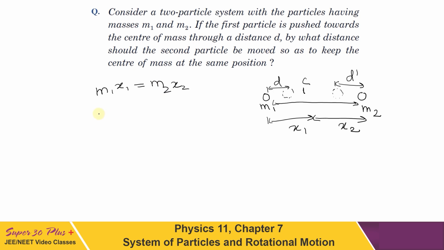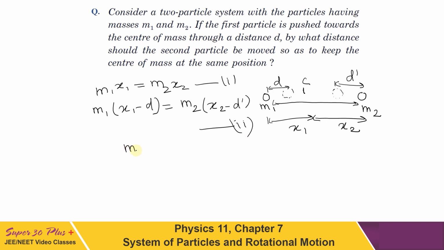And for the new condition, we can write m1 (x1 minus d) to be equal to m2 (x2 minus d dash). These two equations have to be satisfied if the center of mass has to be at the same position. So if we now solve these two equations, the final result will be m1 d equal to m2 d dash.